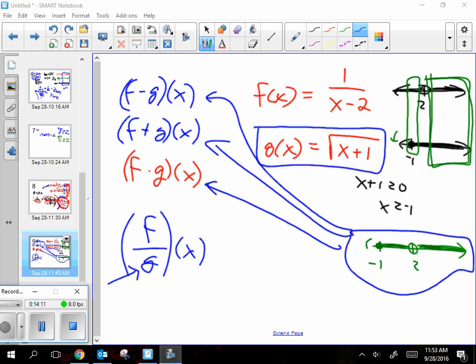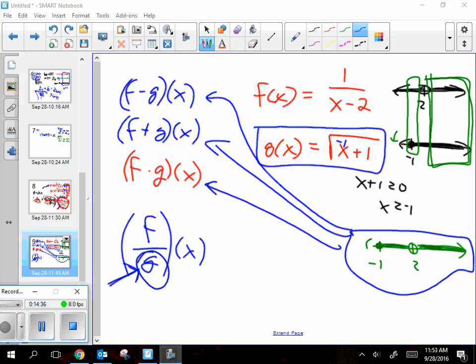Like if I stick in a -1, that doesn't actually cause a problem because it's the square root of 0, which is equal to 0. That's not a problem normally. Why is it a problem on this? Because if g equals 0, then you've got a 0 in the bottom of a fraction, and it's going to crash the parent, or sorry, it's going to crash the child function.